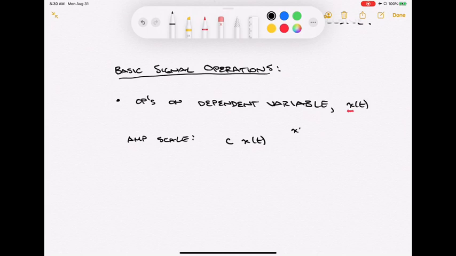If x of t, as an example, was just a DC value of 1 for all time, and I let c be equal to 2, then 2x of t, no surprise here, is just going to be a value of 2 for all time. Everybody has done this sort of stuff. You've taken signals and multiplied them by numbers.